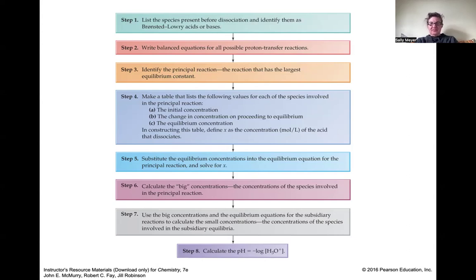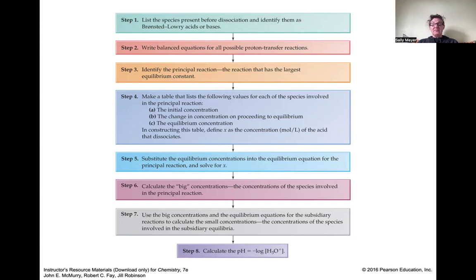That'll be something we have to really think about as we go through this process. That might be a harder thing for you to gain intuition. And then you're going to make a table and list the values for each of the species involved in the principal reactions, so their initial concentrations, how they change, and then the equilibrium concentration. And you always want to define your X as the concentration of the acid that dissociates. That will just make it easy to solve the problem. You're going to substitute the equilibrium concentrations into the equilibrium equation for the principal reaction and solve for X. Calculate the big concentrations, the concentrations of the species involved in the principal reactions.